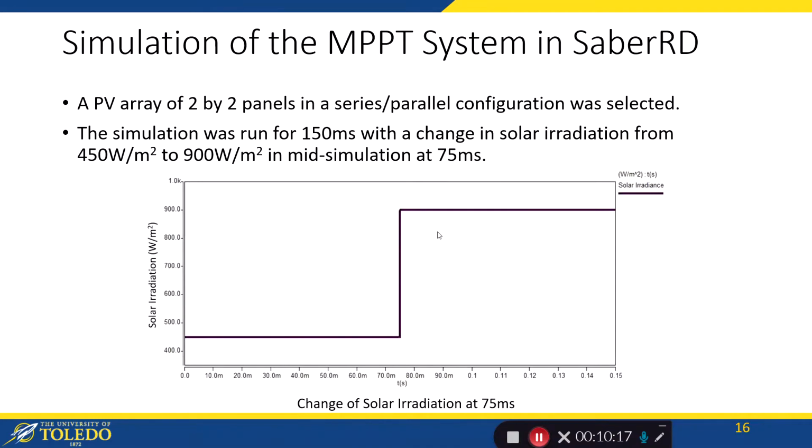To prove that the RCC algorithm is able to track the maximum power point in dynamic conditions, a change in solar irradiation was injected at 75 milliseconds, where it was changed from 450 watts per meter squared to 900 watts per meter squared in mid simulation. This change was injected to see if the controller will be successful in tracking the changed maximum power point.